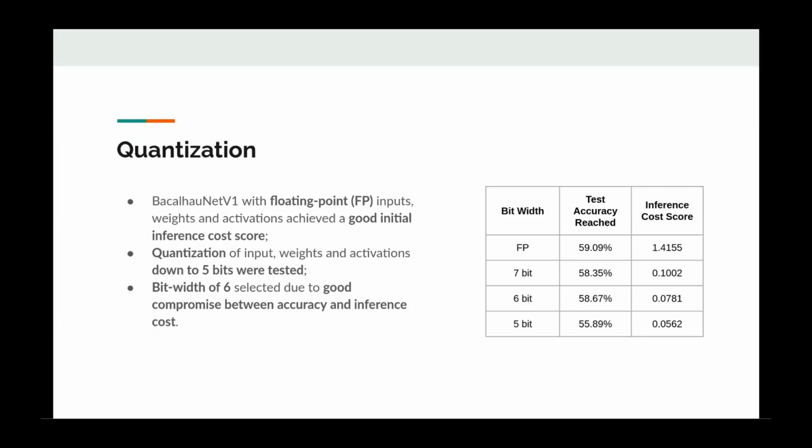No significant accuracy loss was reported down to 6 bits. However, below 6 bits, accuracy degraded significantly, and it proved even impossible to reach an accuracy above 56%. Therefore, a uniform width of 6 bits revealed to be the best compromise between inference cost and accuracy.